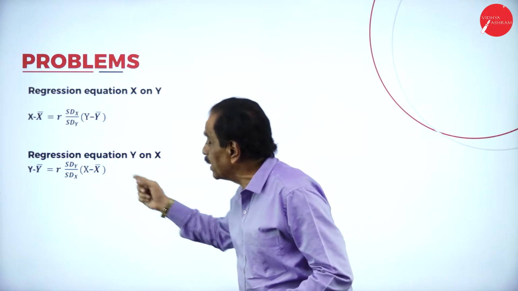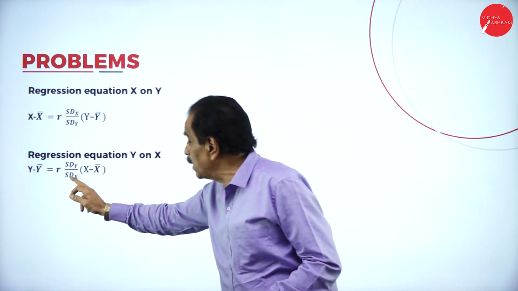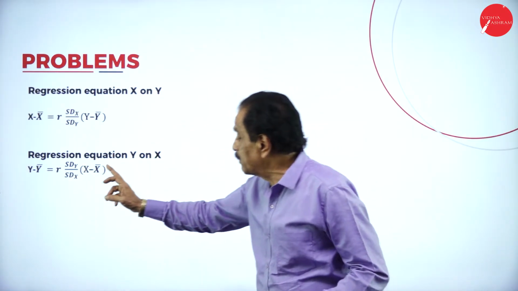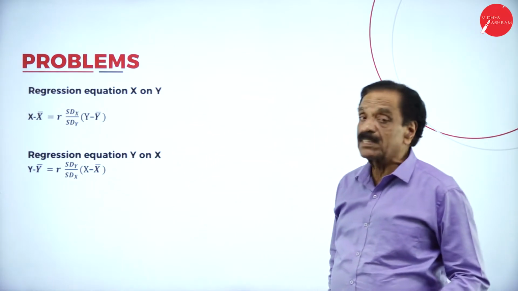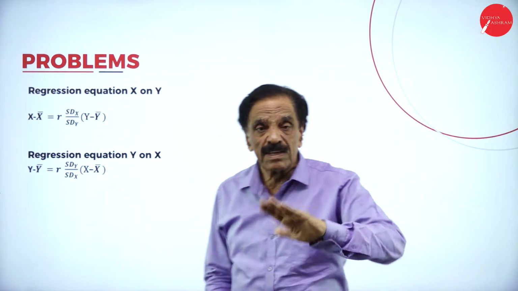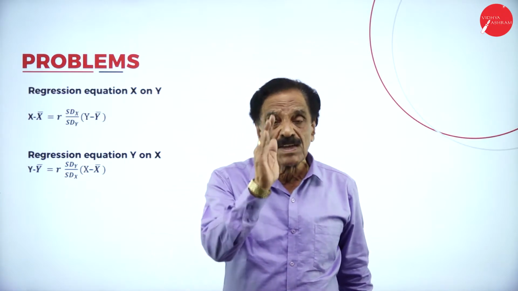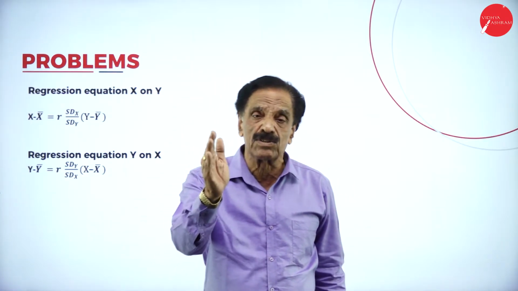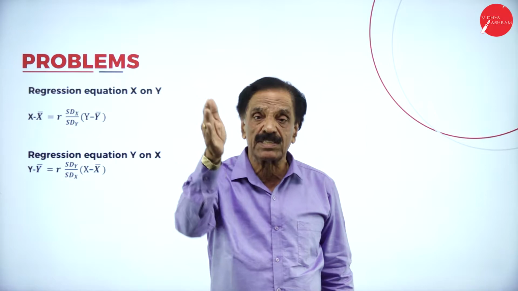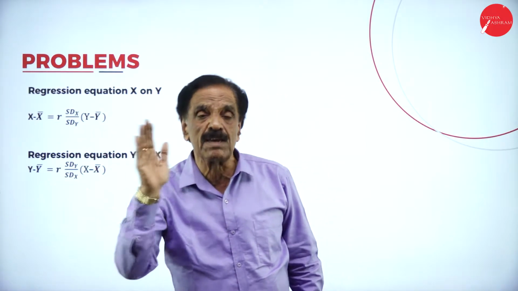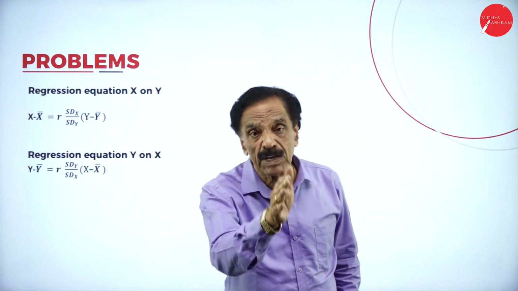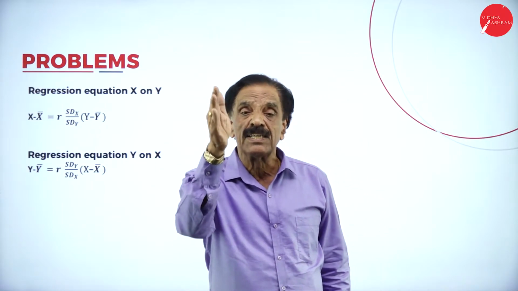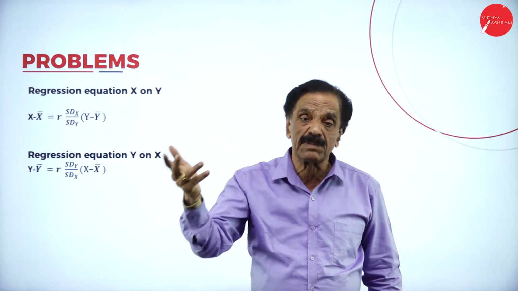Regression equation y on x: y minus y mean equals r into standard deviation y divided by standard deviation x into x minus x mean.